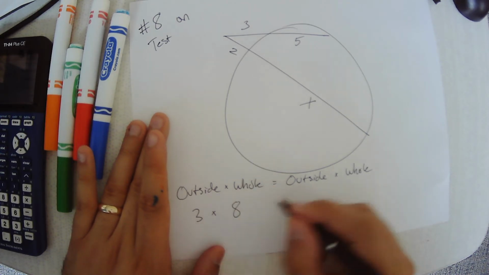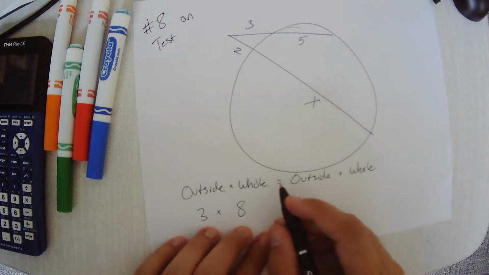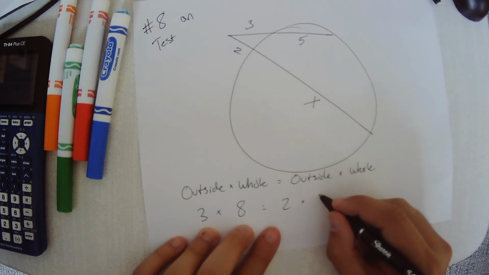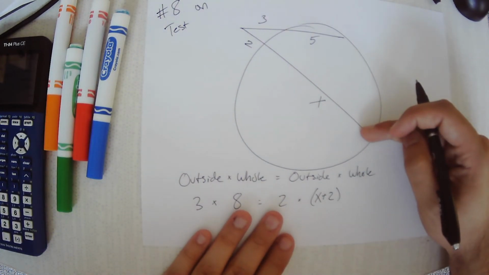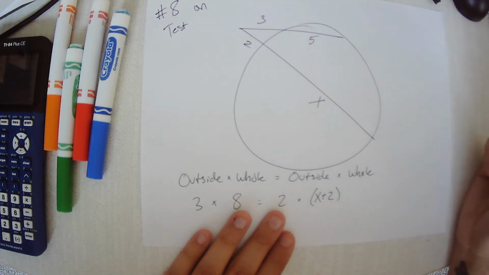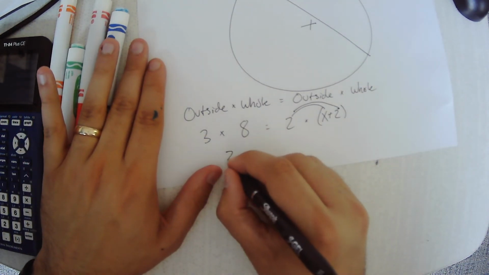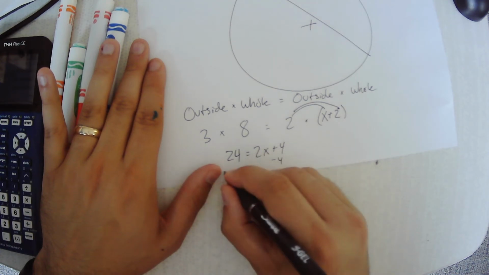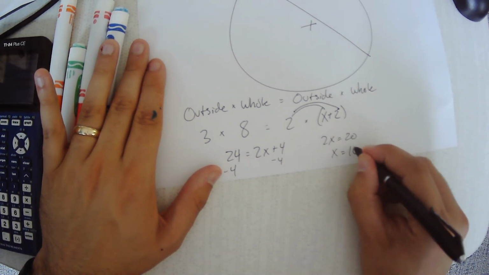And the whole is 8, 3 plus 5. Outside's 2, and the whole is x plus 2, because x is just the inside. It is not the whole line. It starts out here, goes through the 2, and there. So I have to distribute. 24 is 2x plus 4. Take that away, take that away. x ends up being 10.